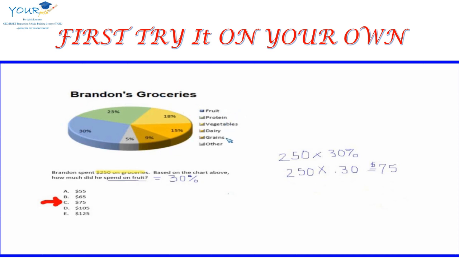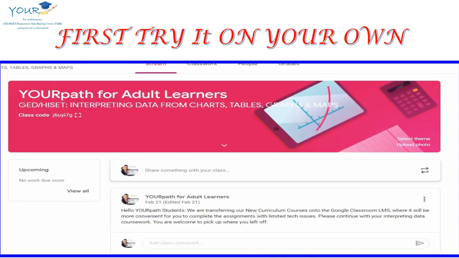Here we had our key, and you want to be able to apply your key to your pie chart so that you're able to extract the necessary information from your pie chart to answer your question correctly. Now, our students can go to our course, Interpreting Data from Charts, Tables, Graphs, and Maps, and get more practice with working with these sources of data.